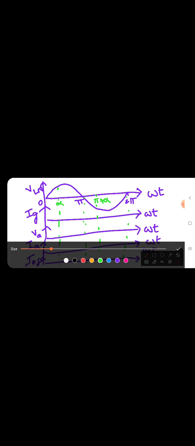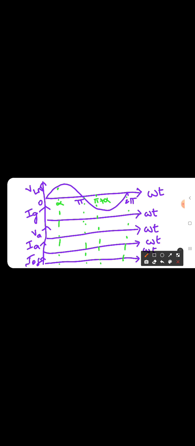Gate pulses are given at alpha for SCR1, that is IG1, and at pi plus alpha for SCR2, that is IG2. Then what about VA?